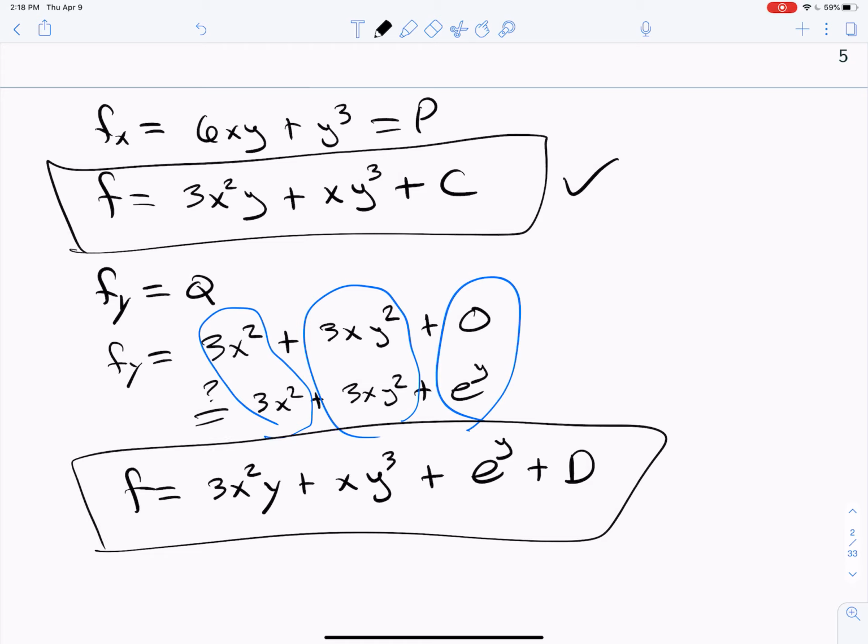Now this is constant with respect to x, so if I take f_x, I will get P, and if I take f_y, I will get Q. This D here really is just some arbitrary number. If this problem had an x, y, and z in it, you would have to repeat this one more step, because that D could be a function of z, so you'd have to check that. That's the way this works.